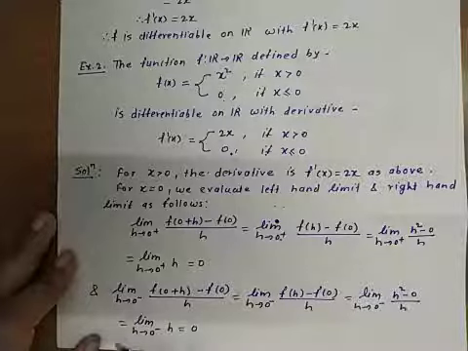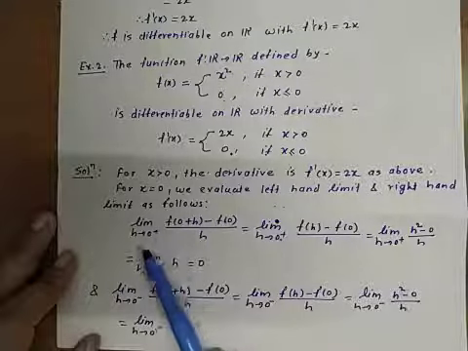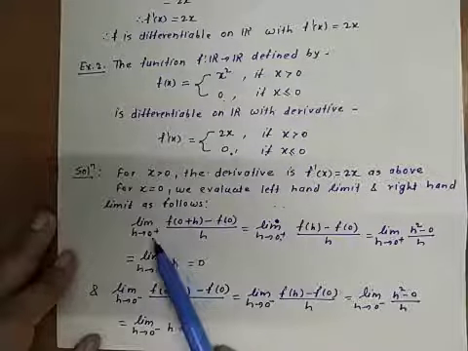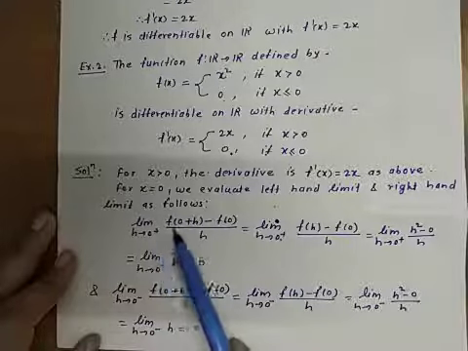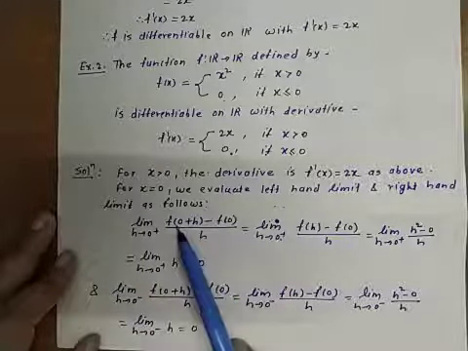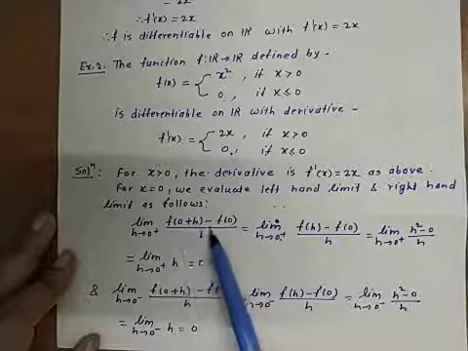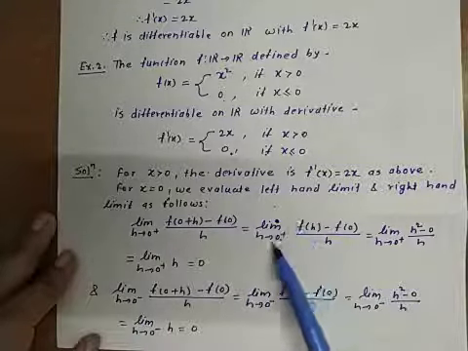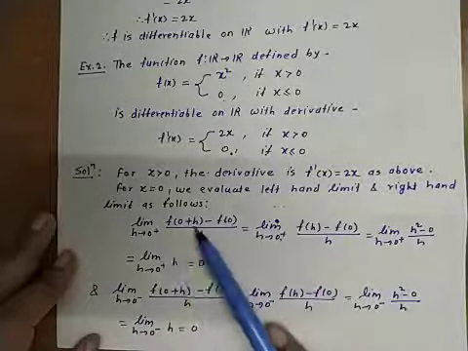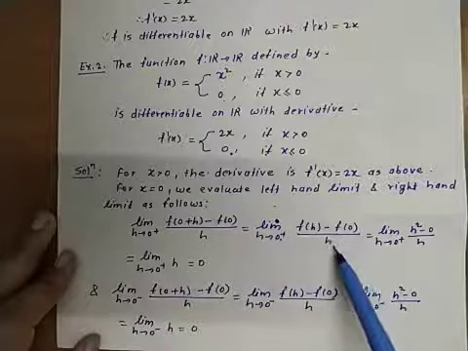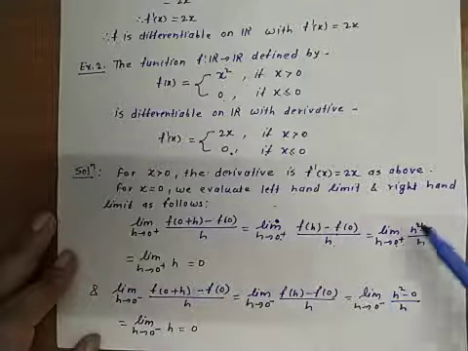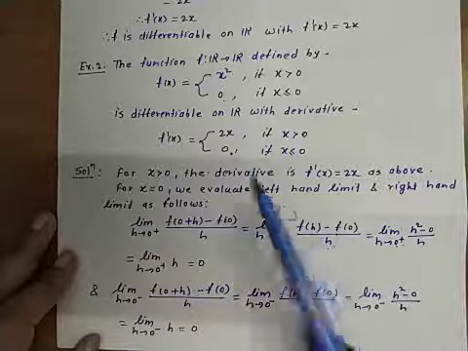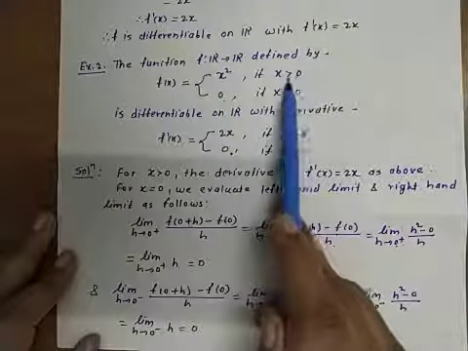First, the right hand limit is limit h tends to 0 plus, at point 0, so we are taking 0 plus, of f of c plus h minus f of c upon h. Here c is 0. So f of 0 plus h minus f of 0 upon h, that is limit h tends to 0 plus of f of h minus f of 0 upon h. What is f of h? The definition is f of x is x square if x is positive.